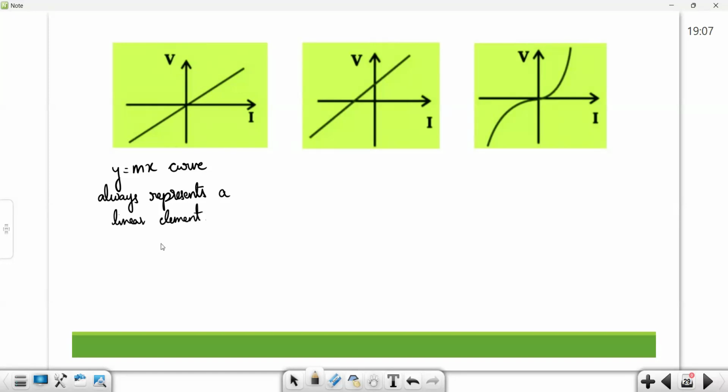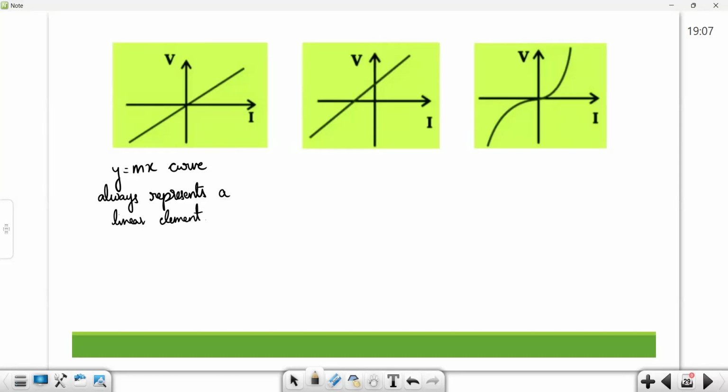Because if x1 is the input, y1 is the output. If you multiply the input with C1, then y1 will be equal to C1 into x1. And if you have another input x2 and you multiply with a constant C2, then you will get y2 is equal to C2 into x2. Then overall y is equal to y1 plus y2 is equal to C1x1 plus C2x2. This is very clear.